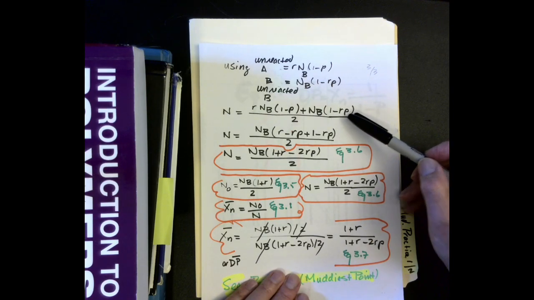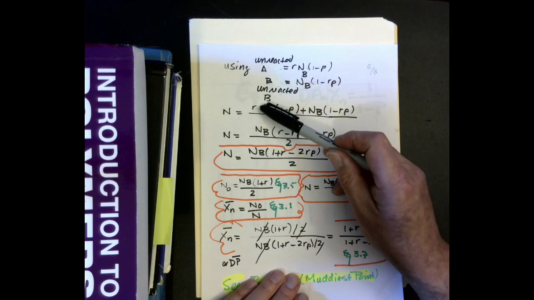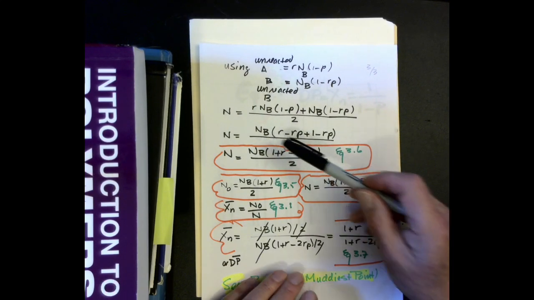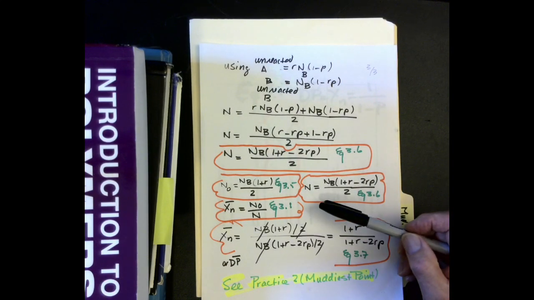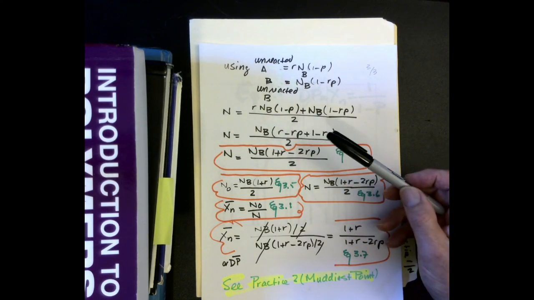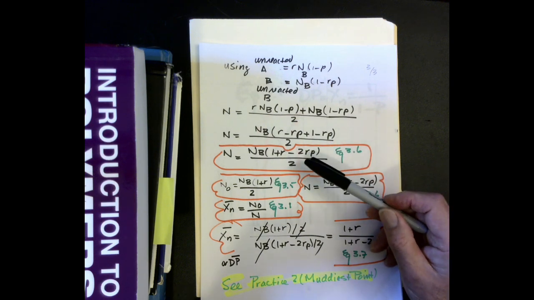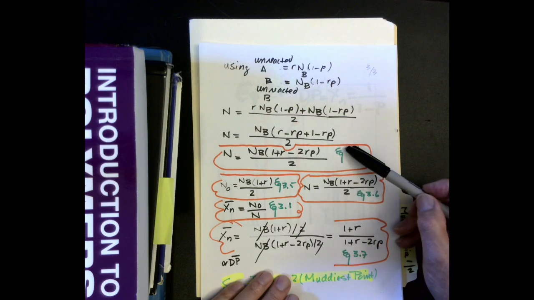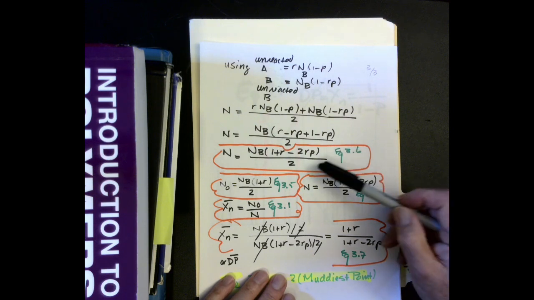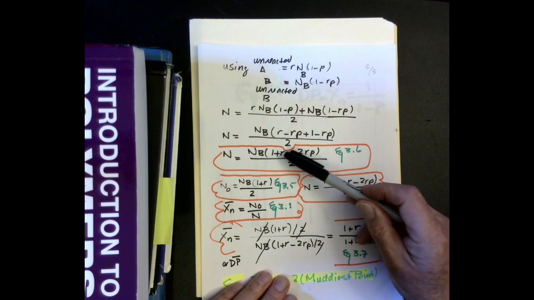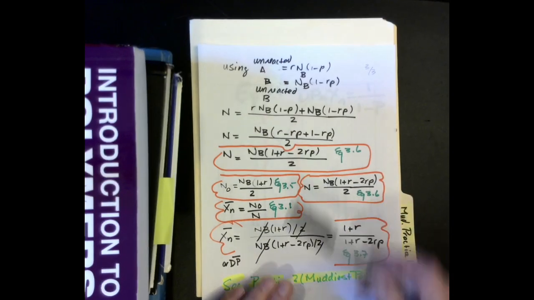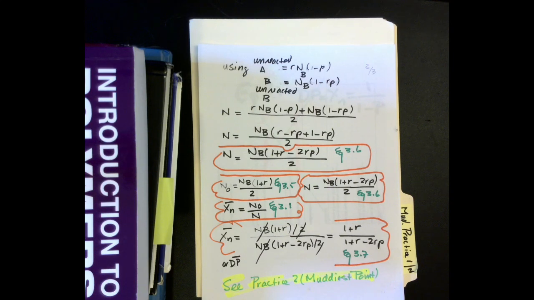Now we can take Nb as a factor, so inside the parentheses would be r minus rp plus 1 minus rp. That becomes equation 3.6. So 3.6 is Nb (1 plus r minus 2rp) over 2.